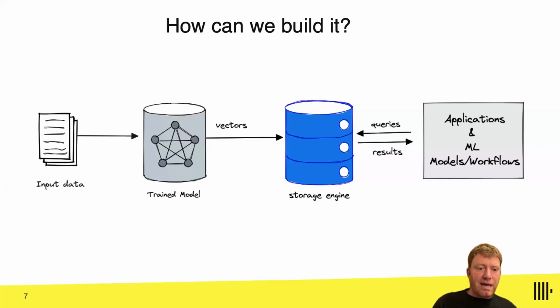It's very, very high level, but we take input data, images, text, video, provide it to a trained model, and we get vectors out. We store these somewhere, and then our applications and our machine learning models and workflows query these vectors and provide the results back to the application, providing that rich functionality that I've just described in the chatbot example.